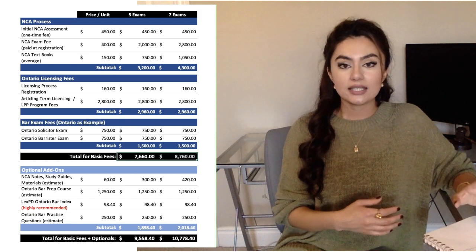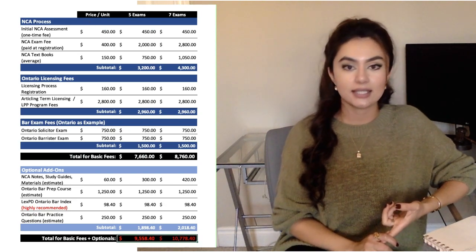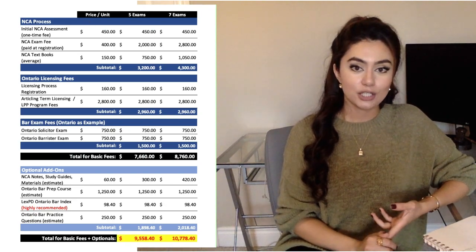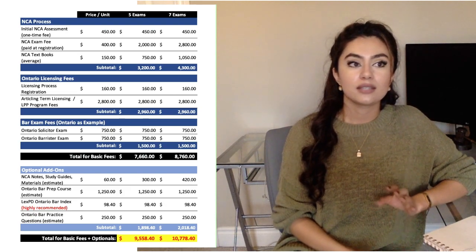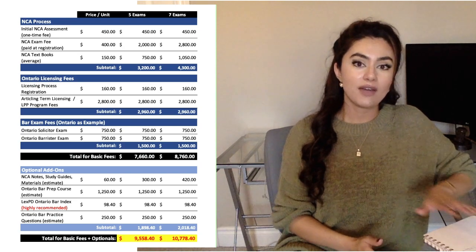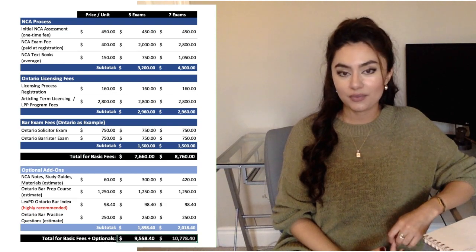Now, if you want to take into consideration a budget with some add-ons like course notes for the NCA or bar exam questions for the licensing process, you want to budget for about $9,000 if you're writing 5 exams and probably about $10,000 if you're writing 7 exams.